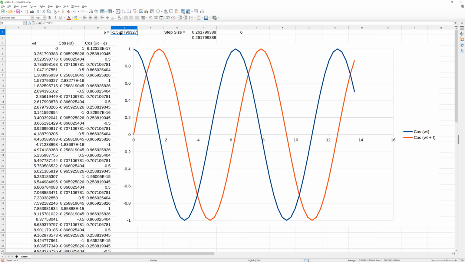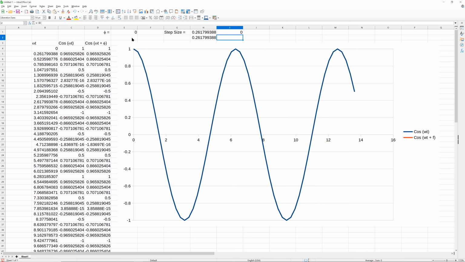Now, in this over here, the actual calculation of the phase constant and the value of it, I've got built into it a minus sign. But if I go back to 0 for the multiplier, and I'm going to go into this thing and get rid of the minus sign. Actually, I'll just delete the minus part of it and multiply it by 1.